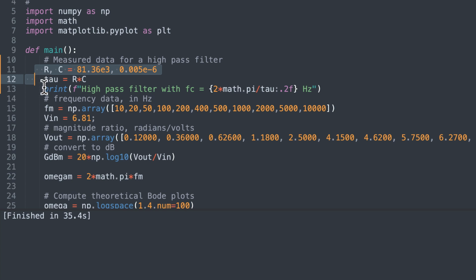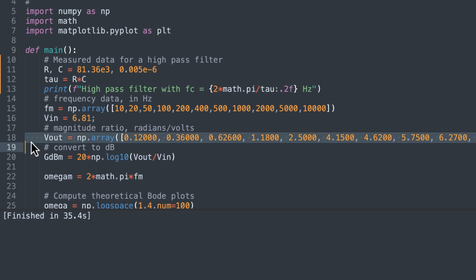I measured the magnitude; I didn't measure the phase. I was using a multimeter, and I believe these are all in RMS. So I'm measuring RMS values for different frequencies. And I kept the voltage constant at 6.81, and I varied the frequency, and then I measured the output.